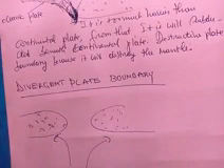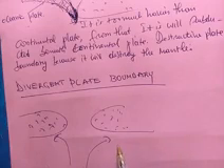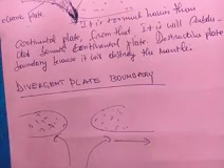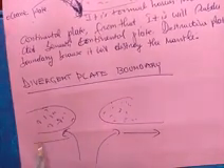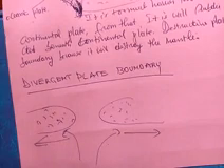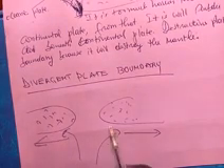When convection currents are applied to continental plates, there will be a movement of plates. This one can move to the right and this one can go to the left.